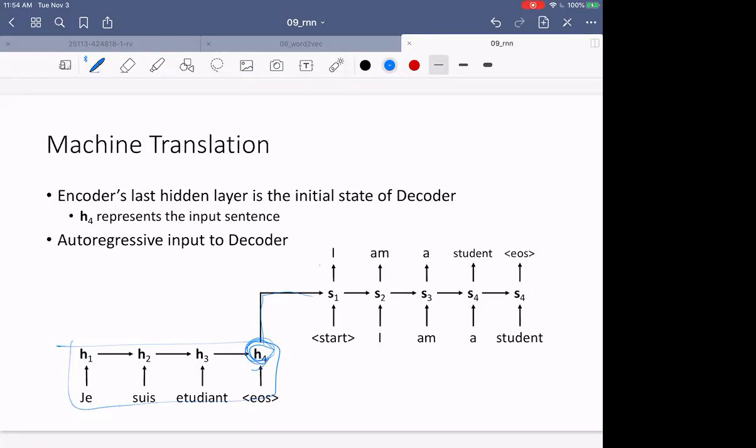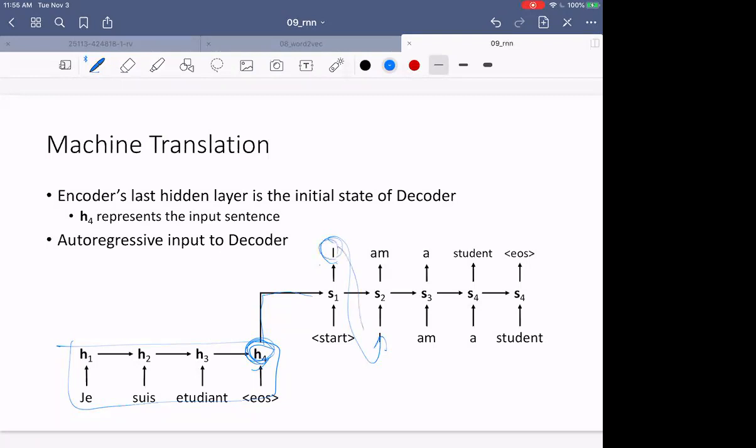At each time step, the decoder predicts the English word, and then you need to put that English word back into its input at the next time step. It's an auto-regressive input, because in order for the decoder to predict the next word properly, it needs to understand what words have been predicted so far.